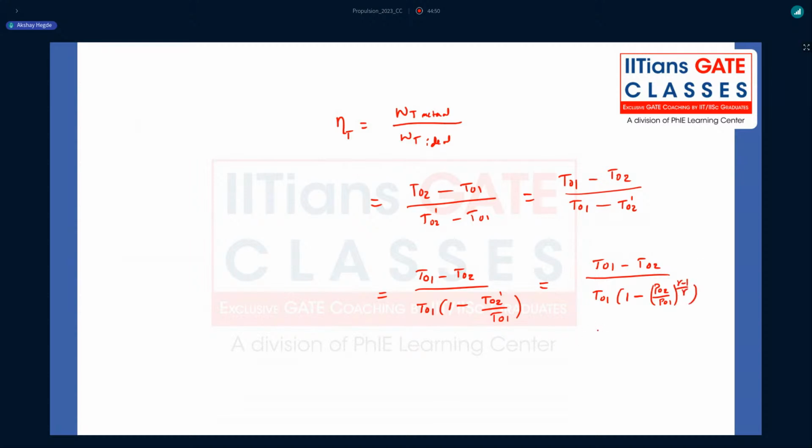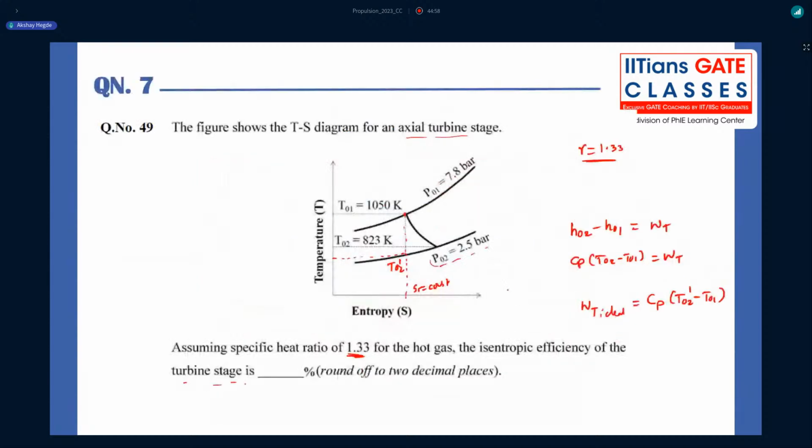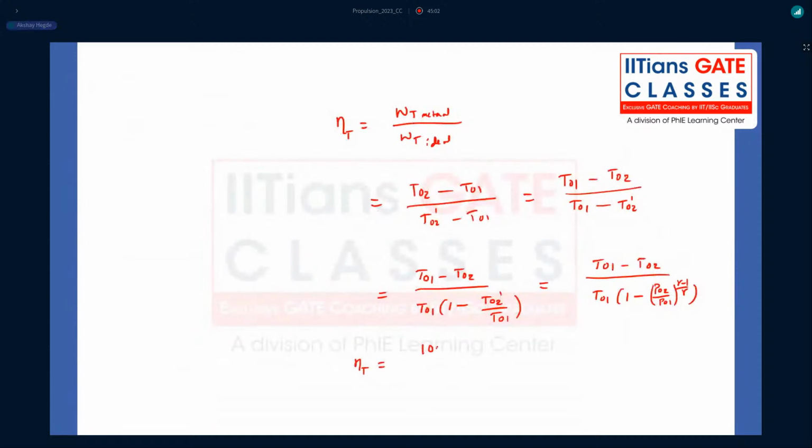So now everything is known to us. Just put the numbers. T01 is 1050, T02 is 823, divided by 1050 times 1 minus, what is P02?